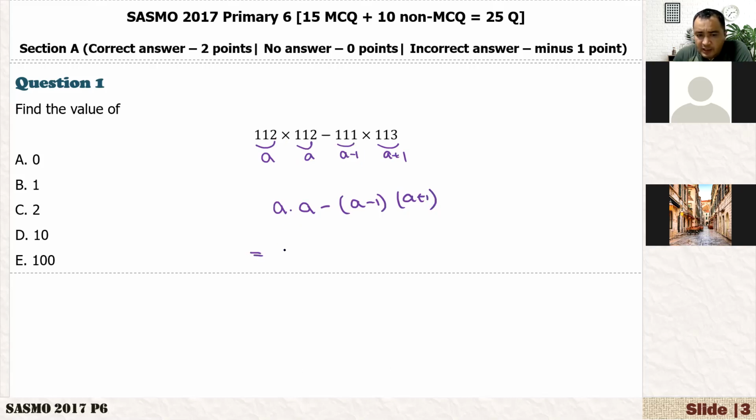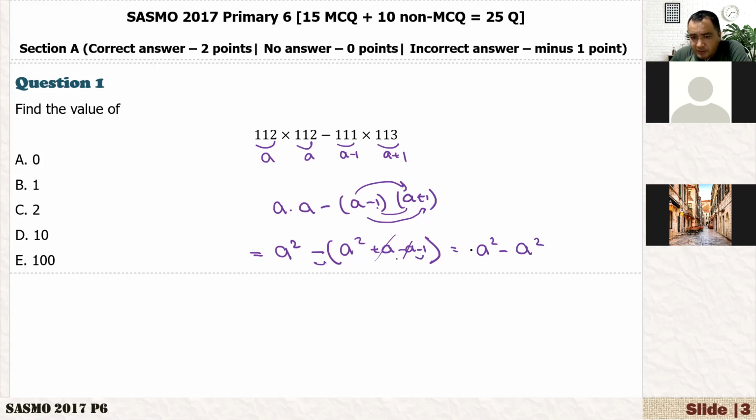Here we have A times A, that is A squared, minus, of course, first I need to write parentheses here, A times A, that is A squared, A times 1, that is A, negative 1 times A, minus A, negative 1 plus 1, that is minus 1. So now A minus A, that's equal to 0, and open the parenthesis here, A squared minus A squared, but minus minus is plus, right?